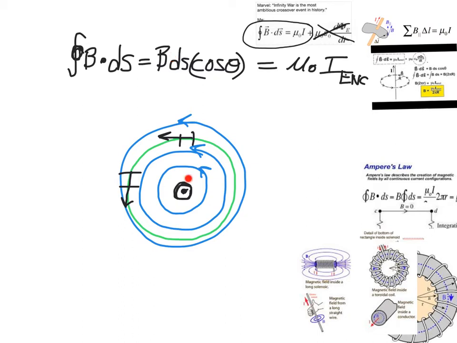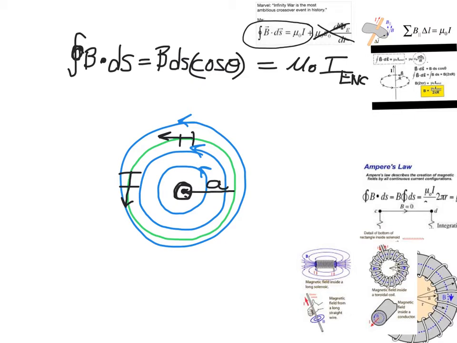And so because the wire is long, any point at a given distance a, let's just say that this green loop has a radius I'm going to call a.